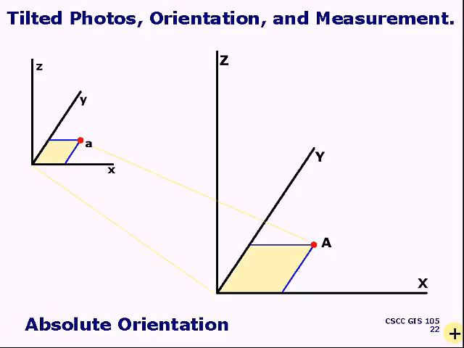So once we have that three-dimensional model in space, I can make measurements in it. You can think of that as that little coordinate system to the upper left, but there's actually a real world coordinate system, an object space coordinate system.